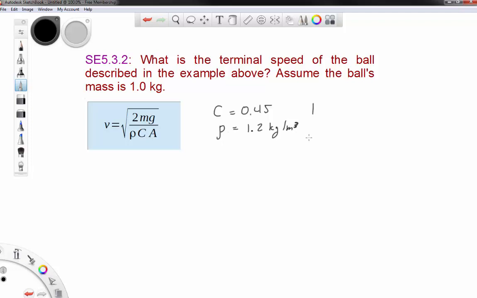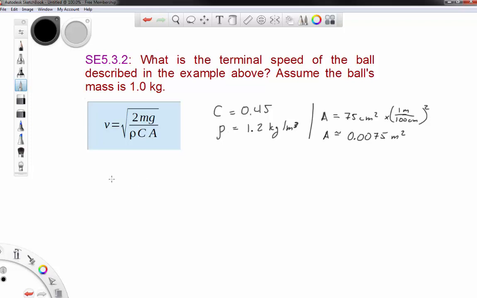And again, the cross-sectional area was 75 square centimeters. Might as well just convert that. So that's got to be times 1 meter per 100 centimeters, and that's squared. So we have 0.75 over 100, or that is area is 0.0075 square meters.